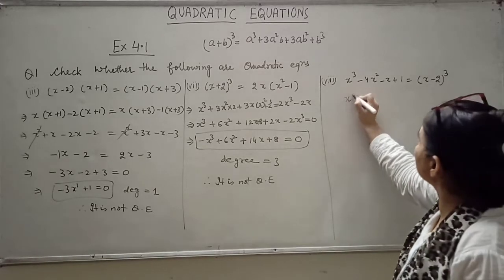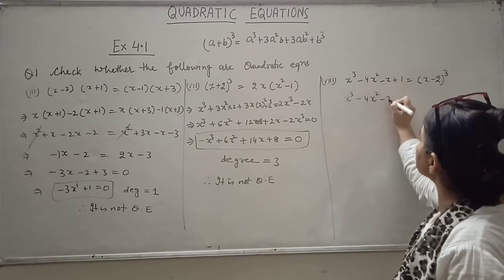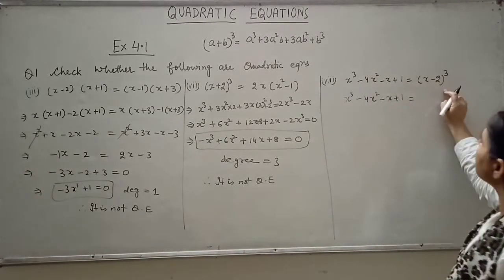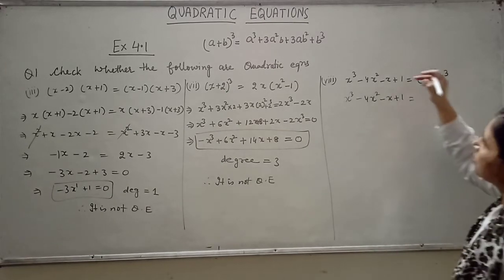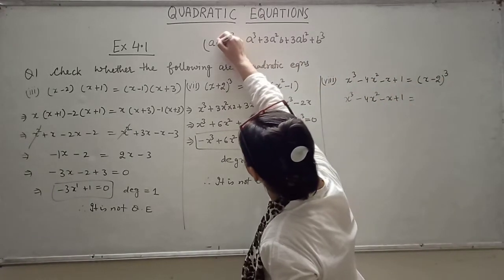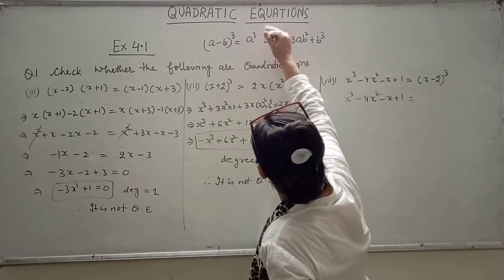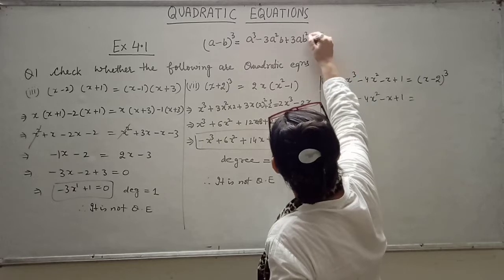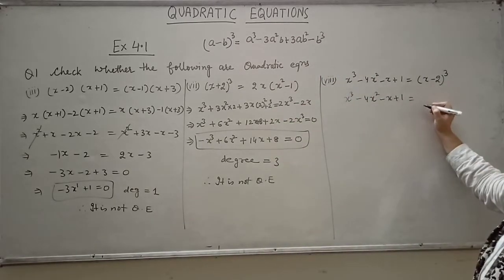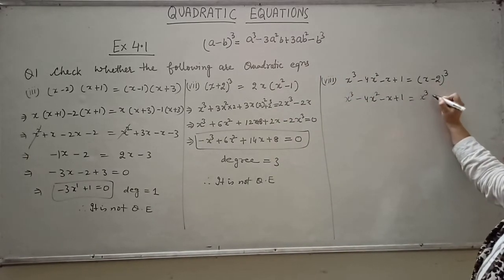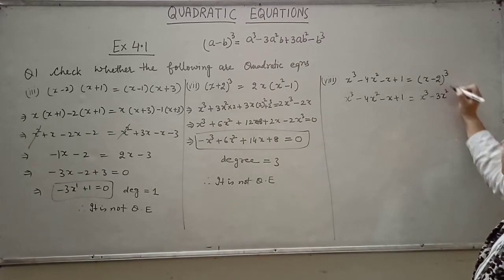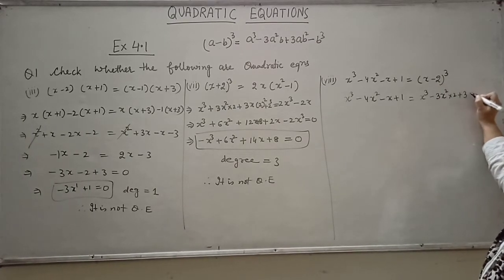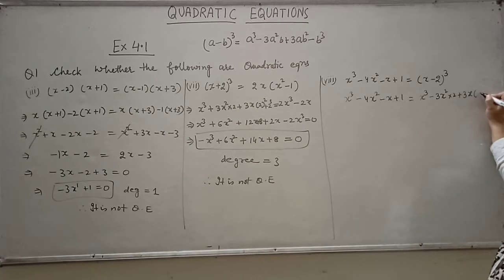So this is x cube minus 4x square minus x plus 1. A minus b raised to power 3. If I replace this sign with the negative, this will be a cube minus 3a square b plus 3ab square minus b cube. So let us do it here: x cube minus 3x square into 2 plus 3 into x into 2 square, and then minus 2 cube.